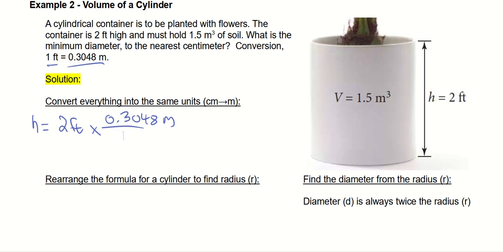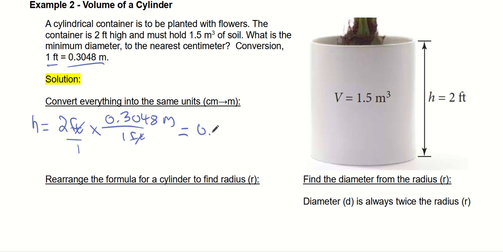On bottom, I'm going to put 1 feet because it says 1 feet here. Again, every number is really over 1. I know this is on top, that's on bottom, so I can cross them out, and all I'm left with is meters.